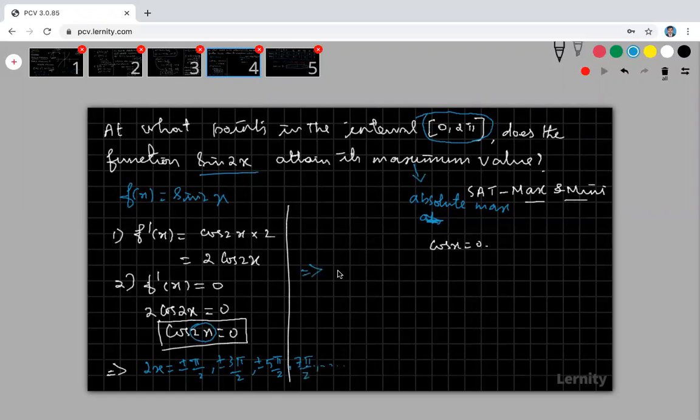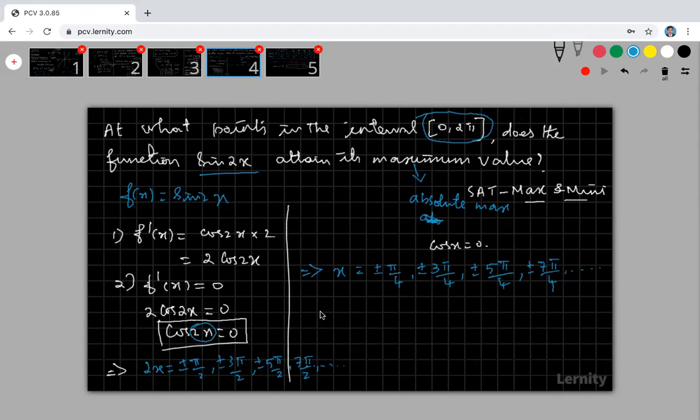Are you okay? Are you clear? Which implies my x is equal to, here 2x is there. You bring this 2 to the right-hand side. What happens? x is equal to plus or minus pi by 4, plus or minus 3 pi by 4, plus or minus 5 pi by 4, plus or minus 7 pi by 4, and so on.